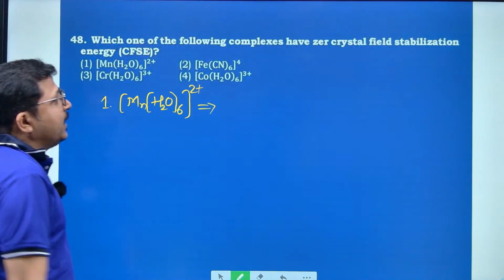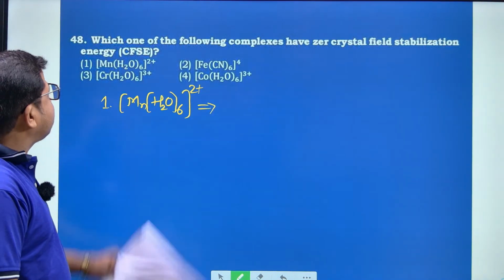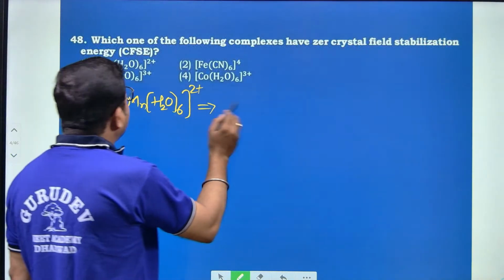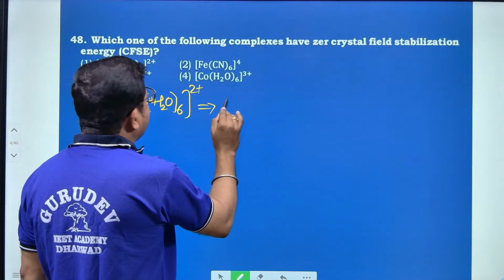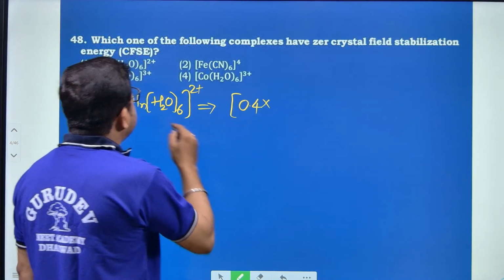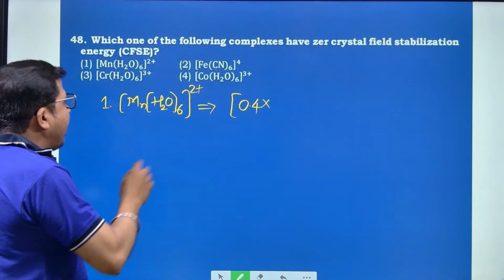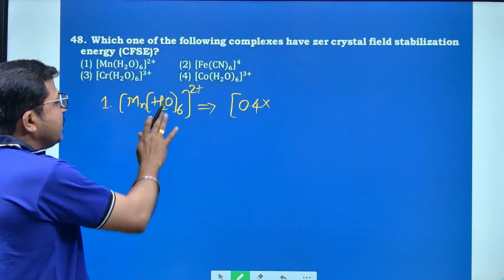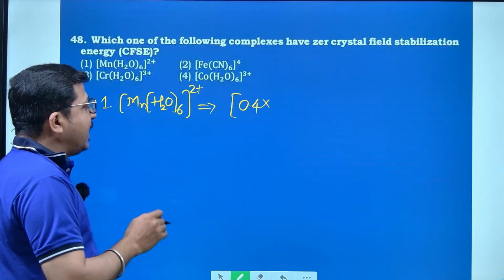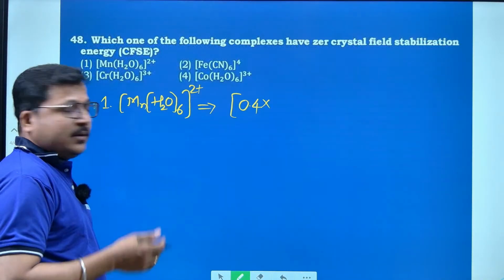To calculate the crystal field splitting energy, there is a formula: minus 0.4 into the number of electrons in the t2g orbitals, plus 0.6 into the number of electrons which are present in the eg orbitals.